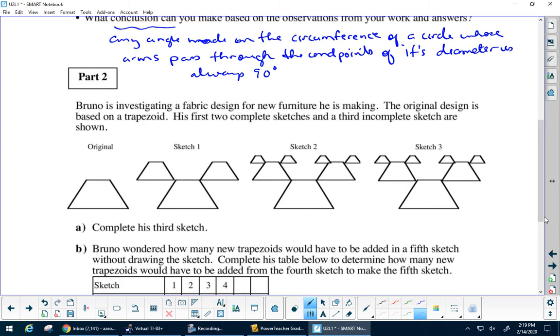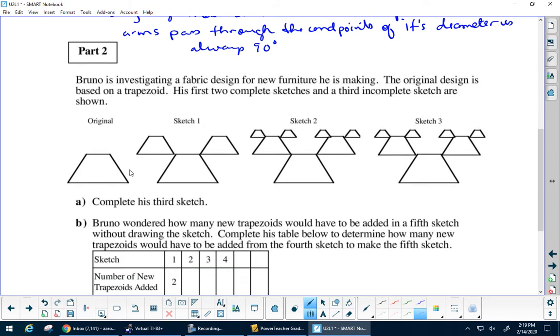Now, Bruno's investigating his fabric design for new furniture he's making. The original design is based on a trapezoid. His first two complete sketches and the third incomplete sketch are shown. Okay, so here's a trapezoid.